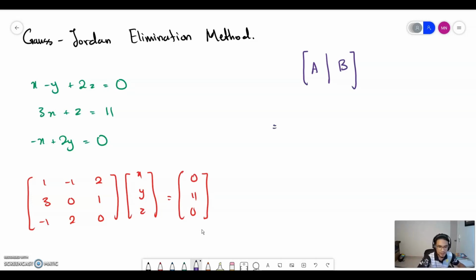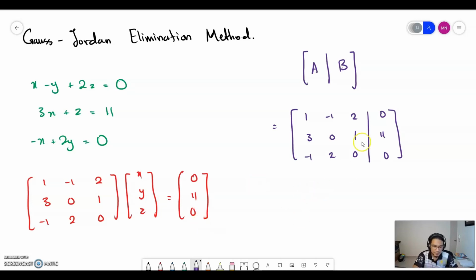Okay, so it will be written as 1, negative 1, 2, 3, 0, 1, negative 1, 2, 0. And on the right side, we have matrix B, which is 0, 11, and 0. Okay, so this is the first step in using Gauss-Jordan elimination method, to write it down in the form of like this.